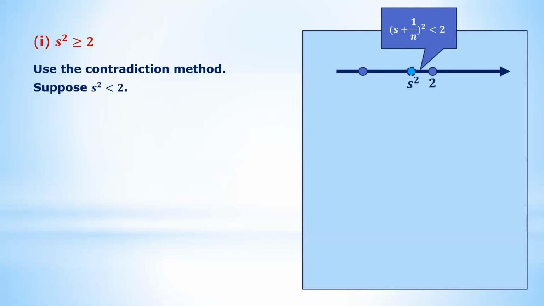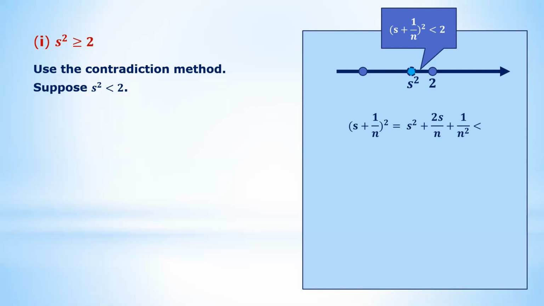So in the first step, we are trying to find out how large n should be in order to make this happen. In other words, we want to solve an inequality: find a restriction on n so that (s plus 1 over n) squared is less than 2. How do you solve this inequality? I expand the square: s squared plus 2s divided by n plus 1 over n squared.